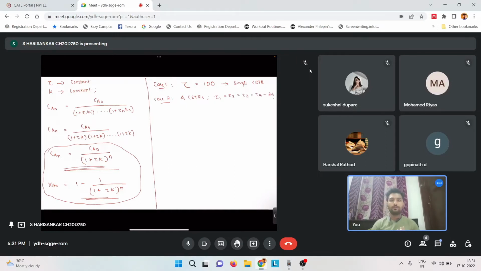So basically, the sum of these space times is 100 in both cases. But in case one, we took that space time as a single CSTR, so it is a single CSTR with very large volume. And in case two, it is a series combination of four CSTRs with small volumes of 25 each. So let's see how this affects things.